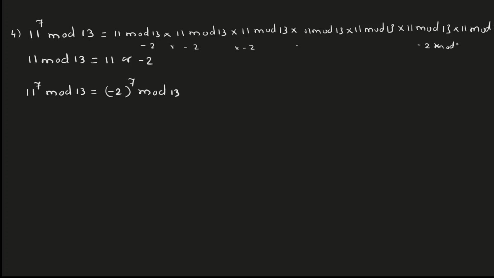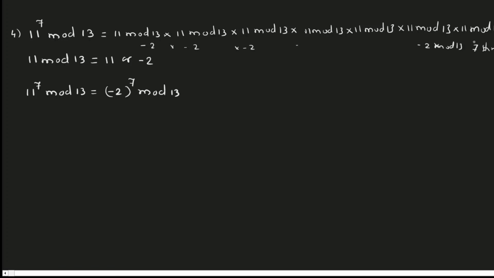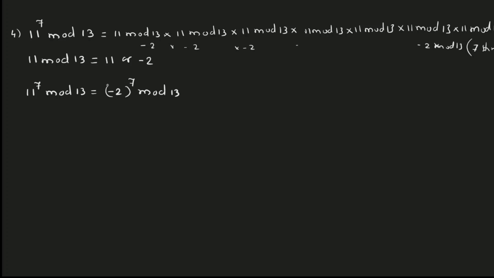Both are the same. So 7 times you have to multiply minus 2. It is the same as minus 2 raised to 7. Minus 2 raised to 7 is minus 128 mod 13.